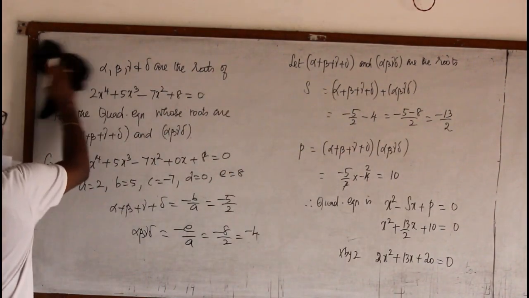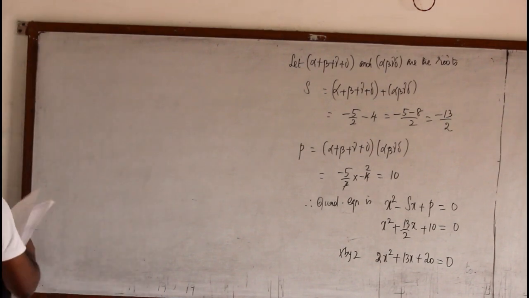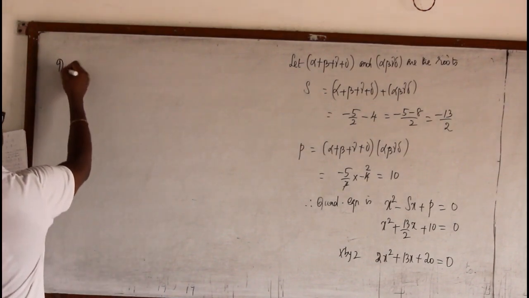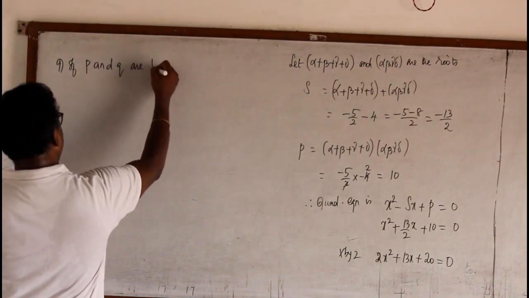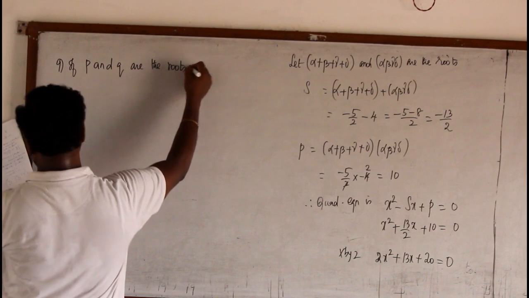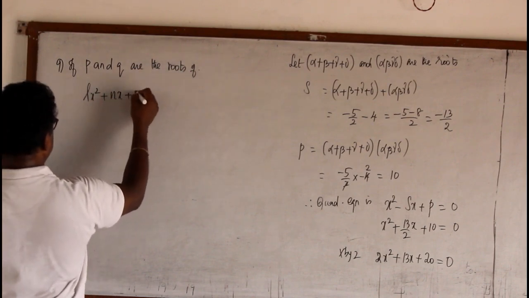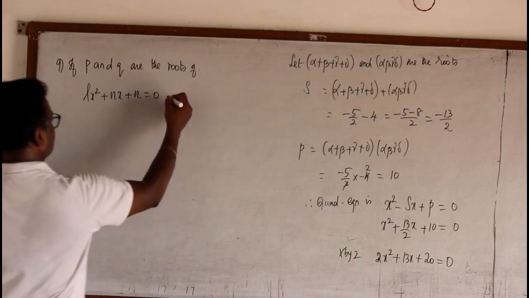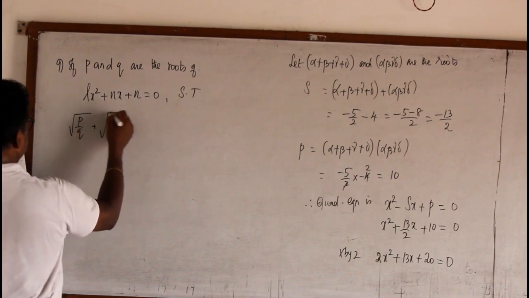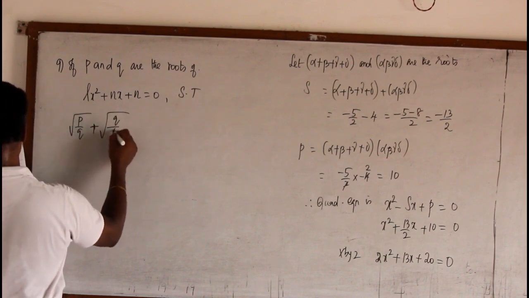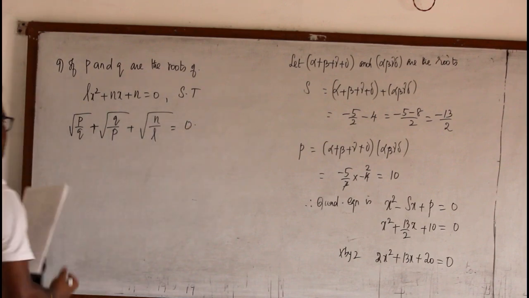Now, problem number 9. If P and Q are the roots of Lx^2 + Nx + N = 0, show that root of P/Q plus root of Q/P plus root of N/L equals 0.